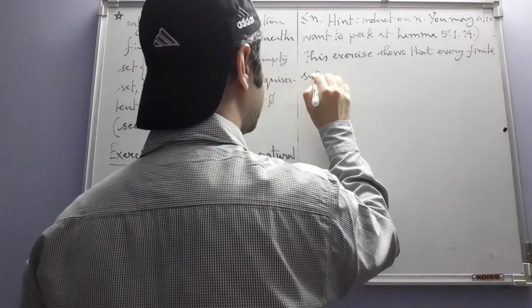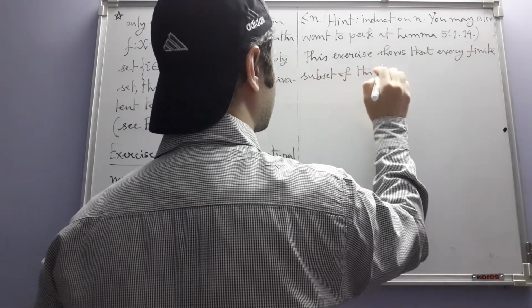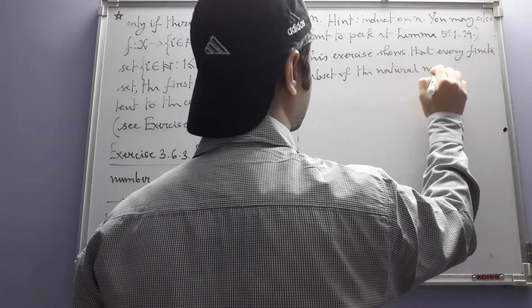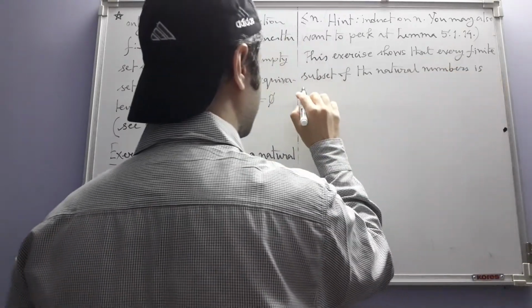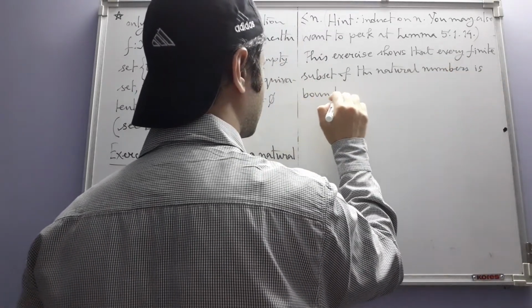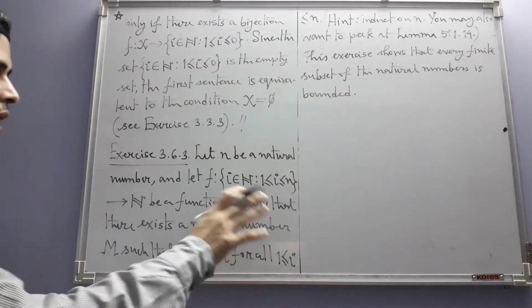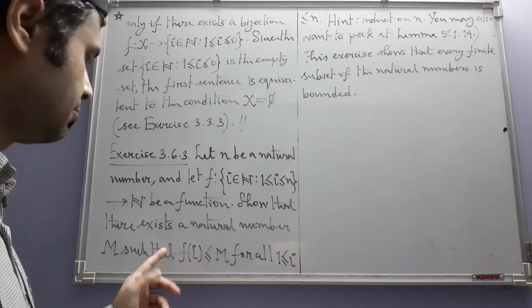every finite subset of the natural numbers is bounded. We are not saying what bounded means actually, but you can understand what it means.